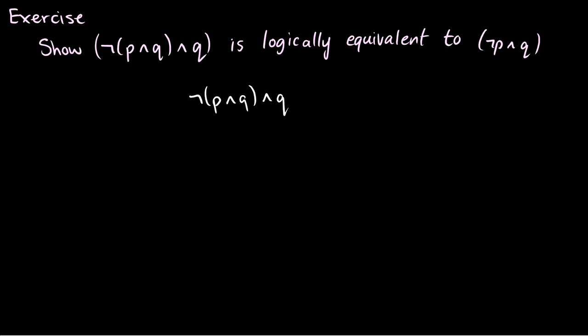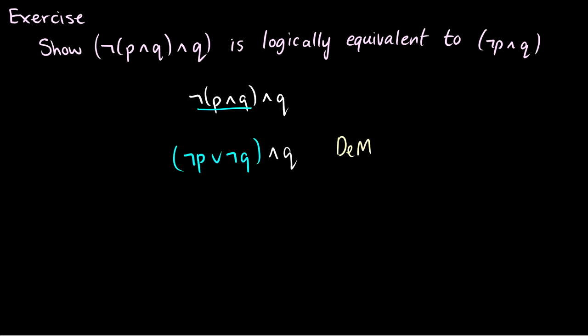The first thing I see here is a not, and then I see a P and a Q together. Whenever I see a not outside of brackets, I want to De Morgan's them together. So let's use De Morgan's law first. We'll end up with not P, not Q, and then we flip the and to an or. So this is not P or not Q, and then the and Q is left the same, and this is De Morgan's.